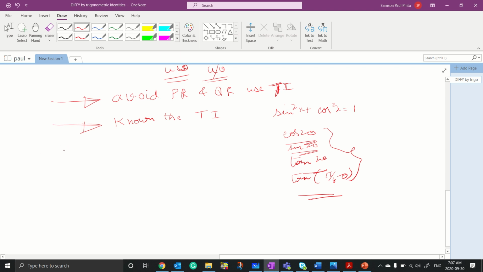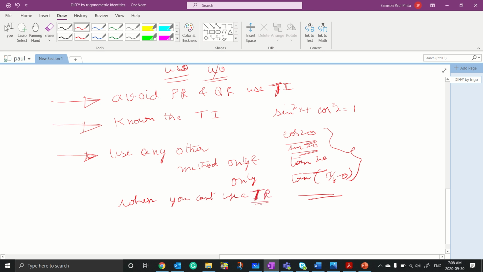Okay, last is use any other method only and only when you can't use a trigonometric identity.